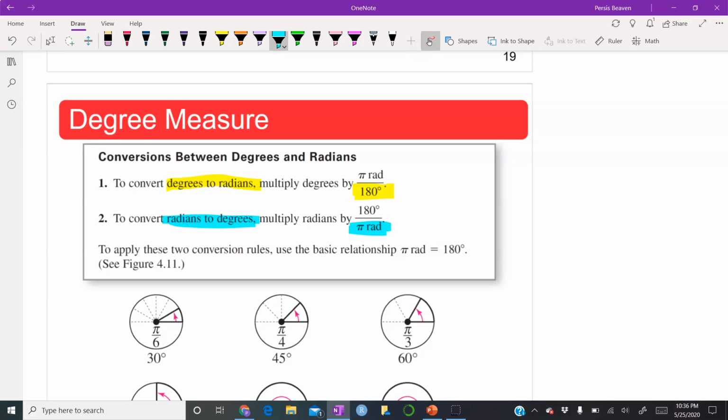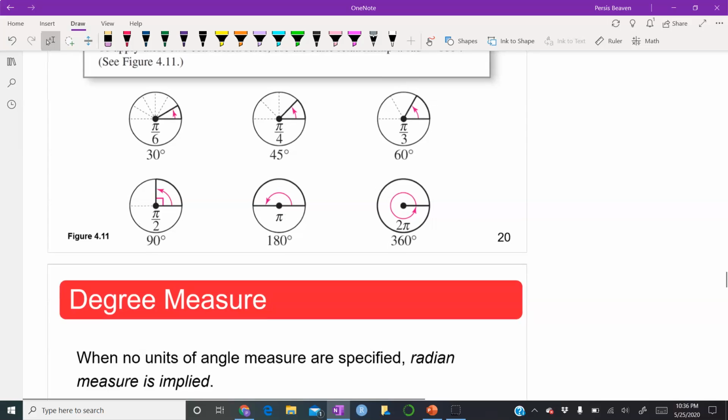So just as a quick reference, we have here that 360 degrees is equivalent to 2 pi radians. 180 degrees, which is half of a circle, is equivalent to pi radians. 90 degrees is equivalent to a quarter of a circle, or pi over 2 radians. 45 degrees is an eighth of a circle, and that is equal to pi over 4.